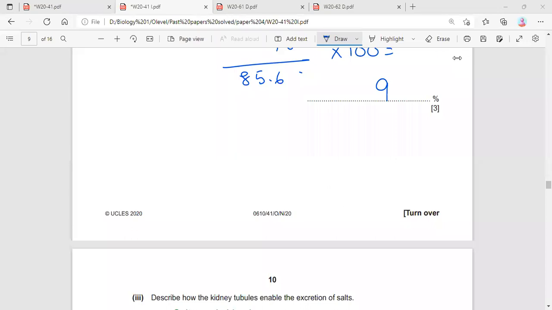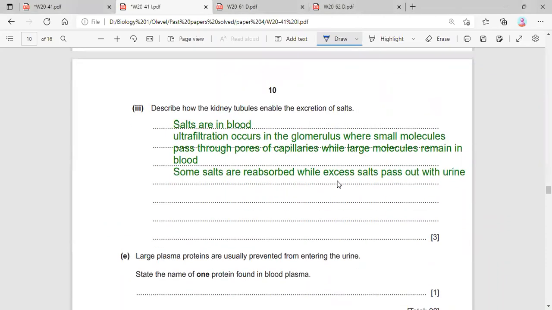Describe how the kidney tubules enable the excretion of salts. In this question, we will describe the whole process of excretion. What happens exactly? Number one, salts are found in the blood.